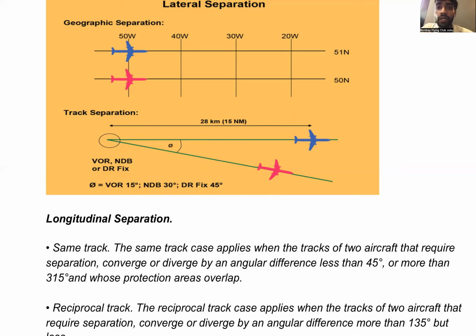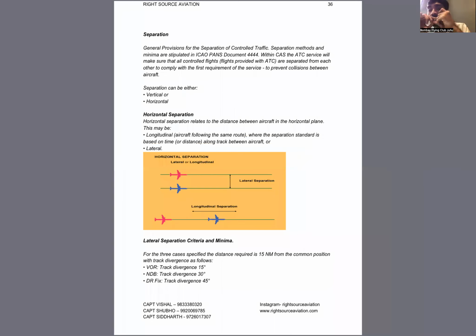So I will repeat that the lateral separation, whatever it is, would be implemented at 15 nautical miles from the common meeting point. And if aircraft are using a navigation aid, that is VOR, very high frequency omnidirectional range, then 15 degrees traffic separation between the two aircraft.